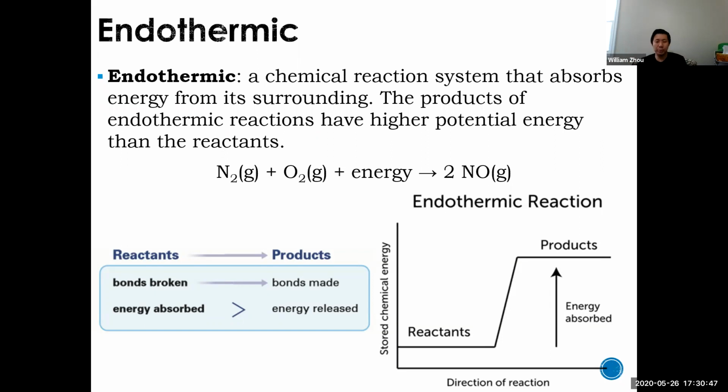So you consumed more energy than you released, you gain energy as a whole. So you buy chocolate bars for $10 a piece, you sell them for $1. That's a quick way of losing money. And so that would be an endothermic reaction. The products have higher energy than the reactants, energy is absorbed. Does that make sense, guys?